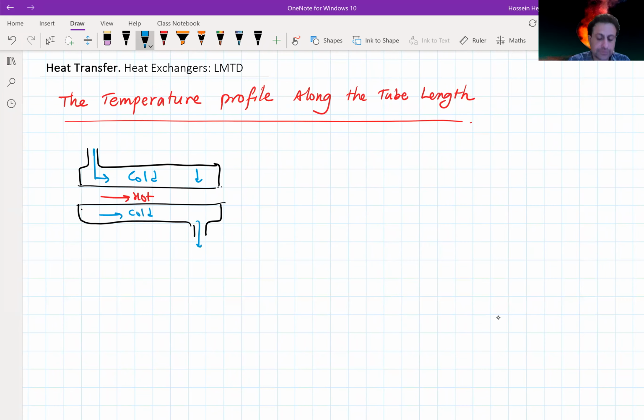That is going out from the heat exchanger, and let's assume the cold comes in with this Tc,i, and we have m dot of cold, Tc,out, and then this is Th,i, Th,out.